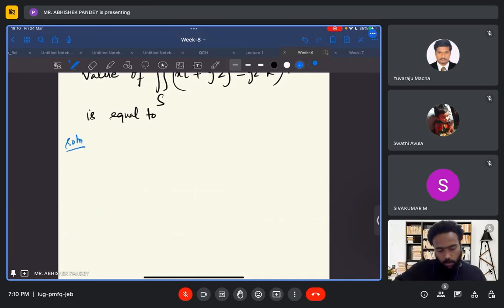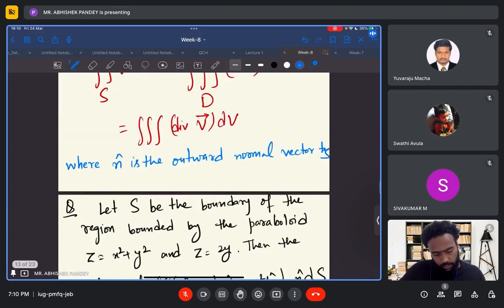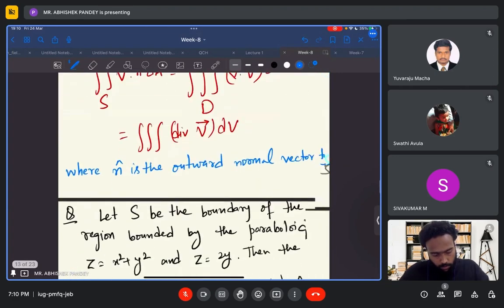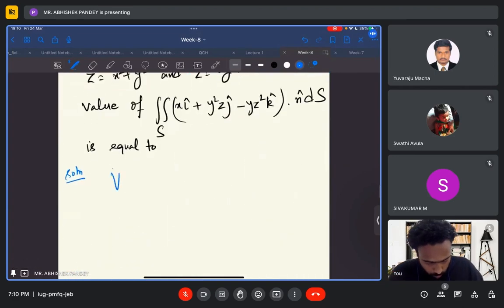Okay, so now here your v is clear. x i cap is your v1, plus y square z j cap is your v2, minus y z square k cap is v3.